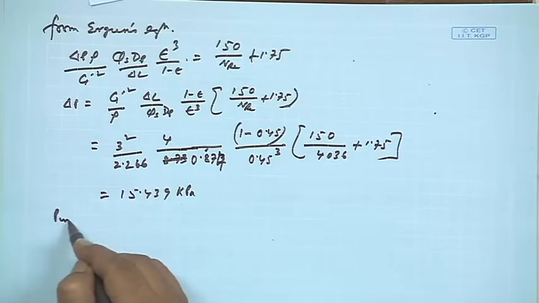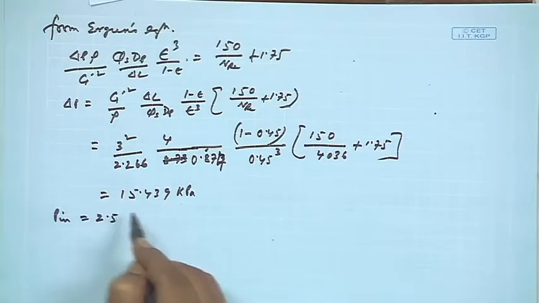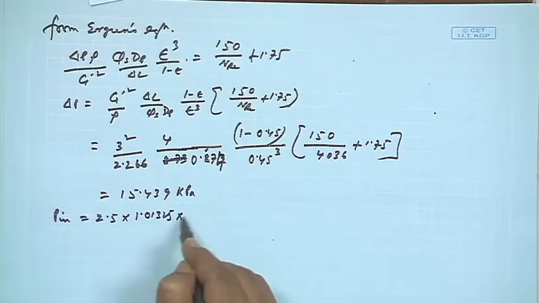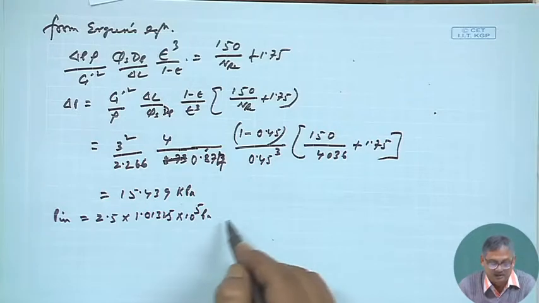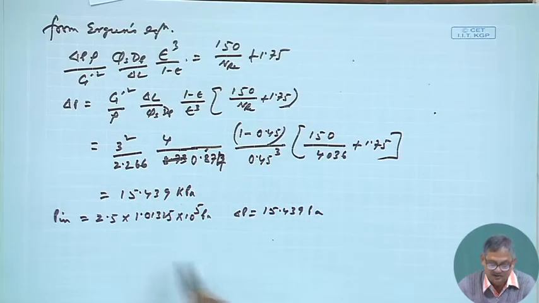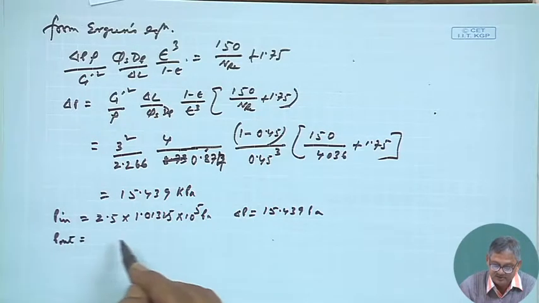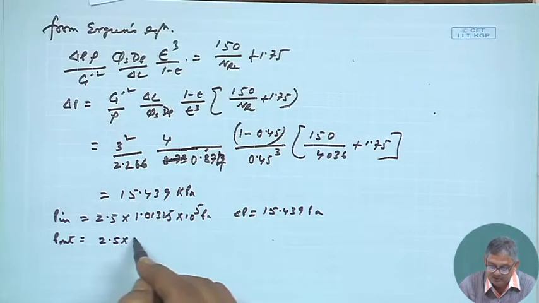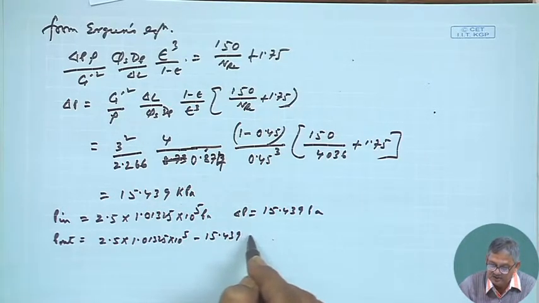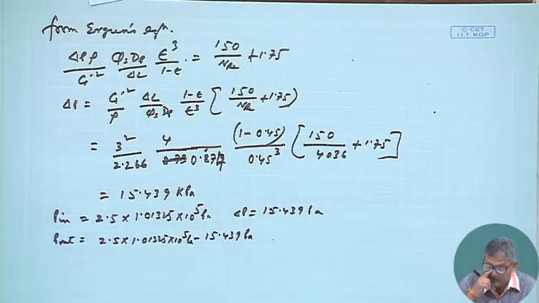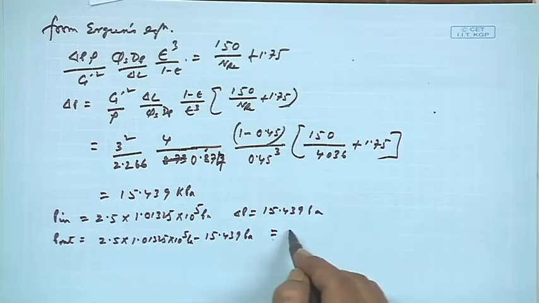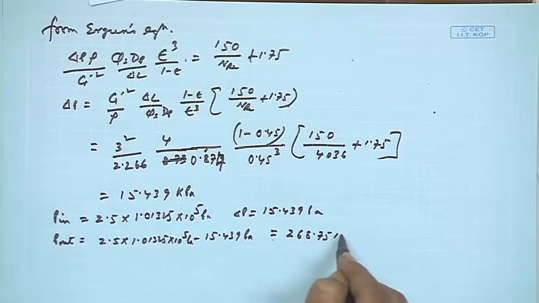Therefore, since P inlet is 2.5 into 1.01325 × 10 to the power 5 Pascal, and delta P is 15.439 kilopascal, P exit or outlet is equal to 2.5 into 1.01325 × 10 to the power 5 minus 15.439 kilopascal. So P outlet comes to 268.7515 kilopascal.